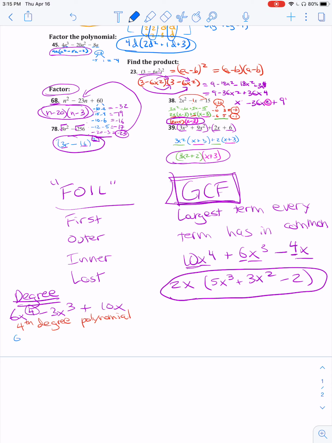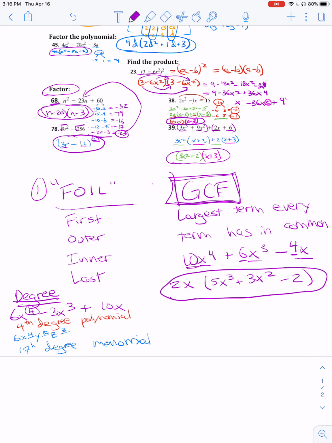But what's the degree of a monomial? So if I have 6x to the fourth, y to the 10th, z to the third, the degree of that is, I have to add up all three of these exponents. So this would actually be a 17th degree monomial.